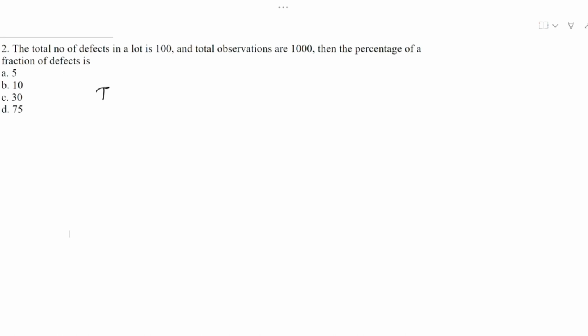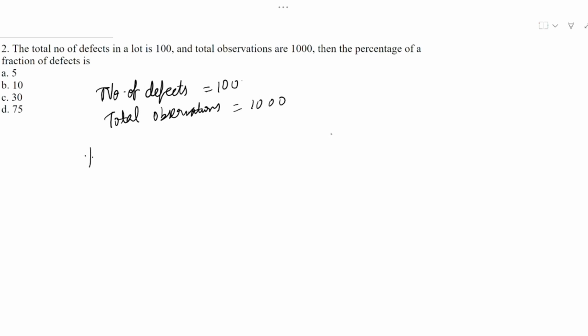Here the number of defects is equal to 100. Total observations is equal to 1000.